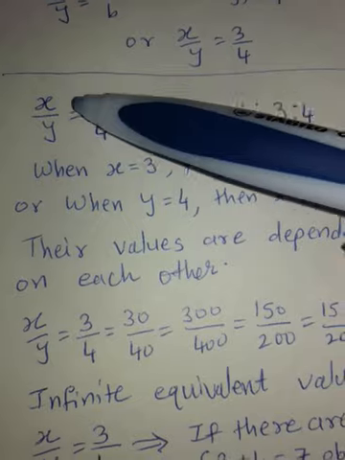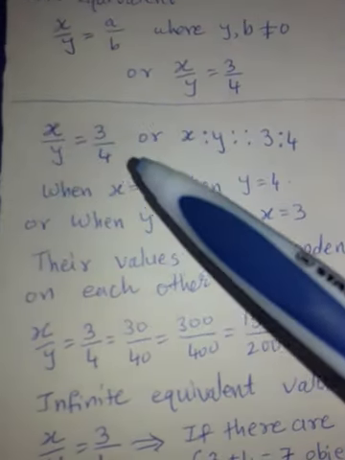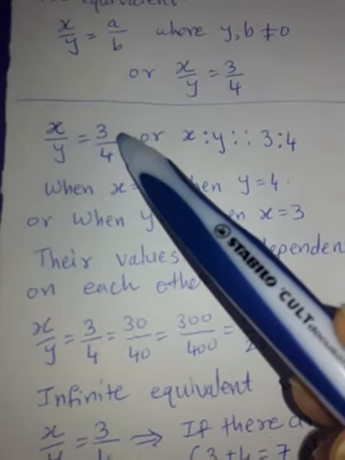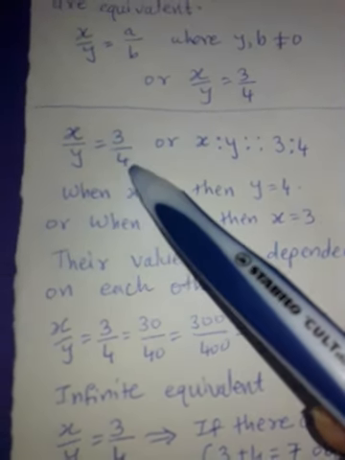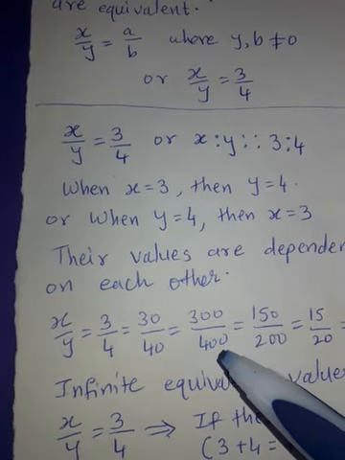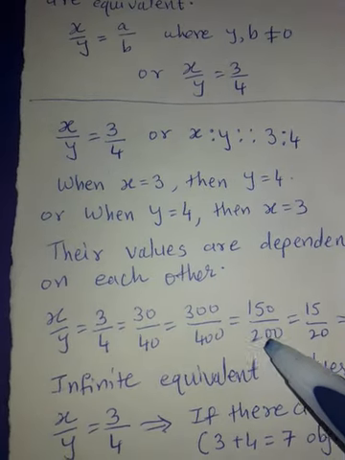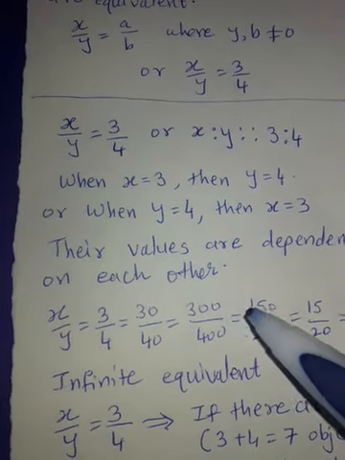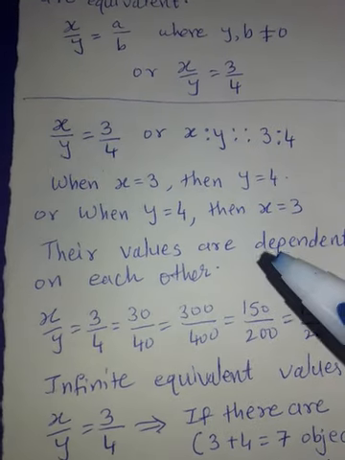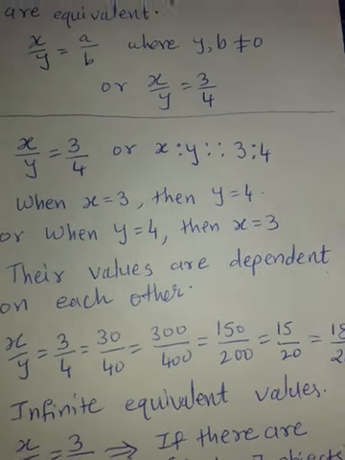Their values are dependent on each other. They follow each other. It means if x becomes 30, y will become 40. If x becomes 300, y will be 400. If y becomes 200, x will be 150. So it's kind of chasing each other. Their values are not individual, their values are dependent on each other.